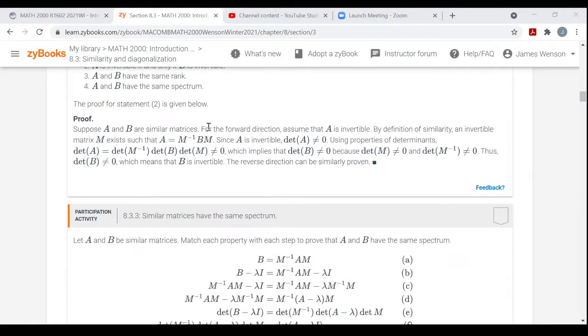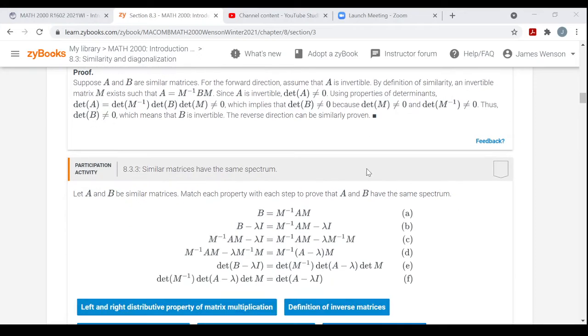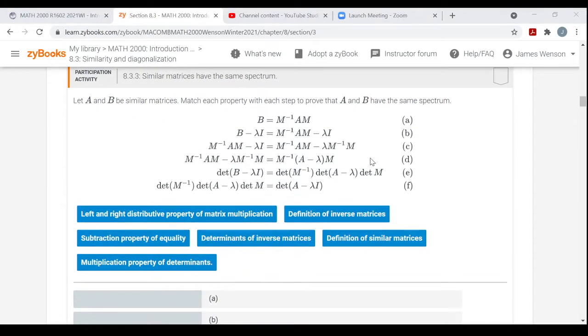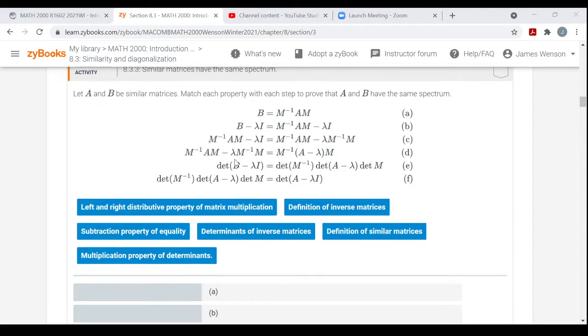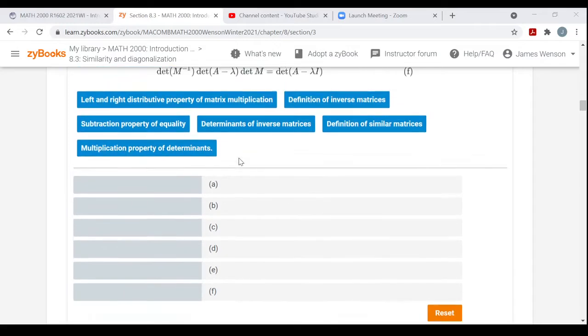Okay, and they give a proof and whatnot. You can read that if you want. Then here's another part, showing that similar matrices have the same spectrum. Basically showing that the determinant of B minus lambda I would be the same as the determinant of A minus lambda I. They have you write reasons for all the steps.